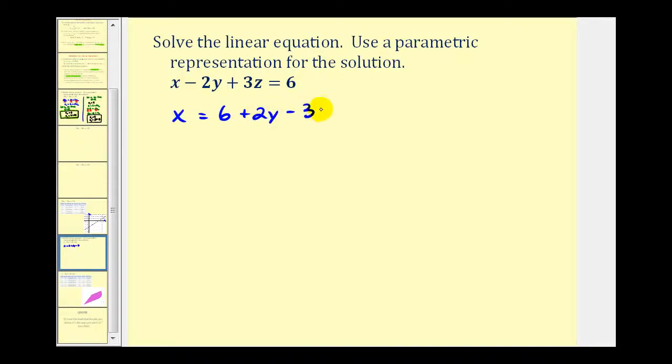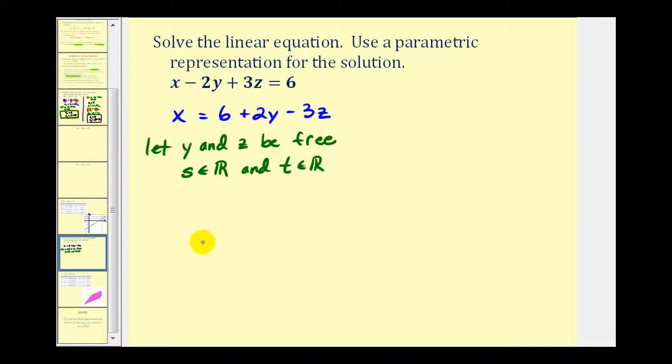minus 3z. So in this case, let's let y and z be our free variables. So we introduce 2 parameters or 2 new variables. Let's let s be any real number and t be any real number.